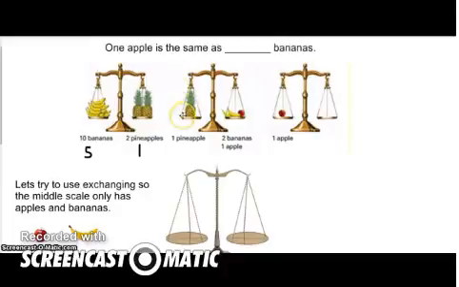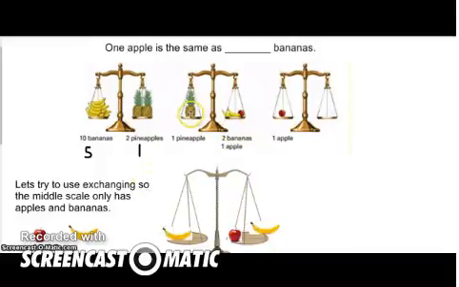So I'm going to do that on my second scale. So I will set up the right side of my scale with the given items in the picture. There's 2 bananas and an apple, 2 bananas and an apple.